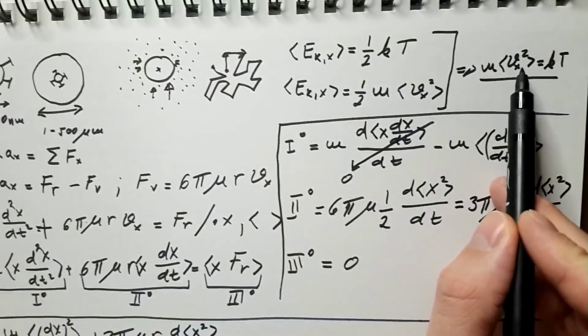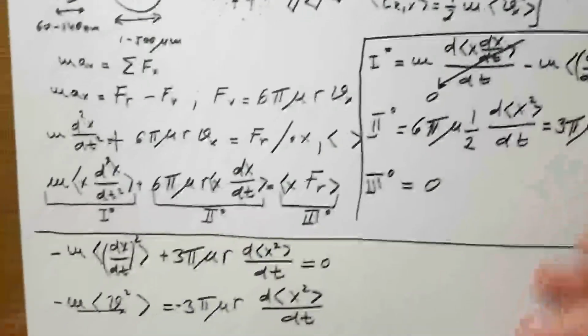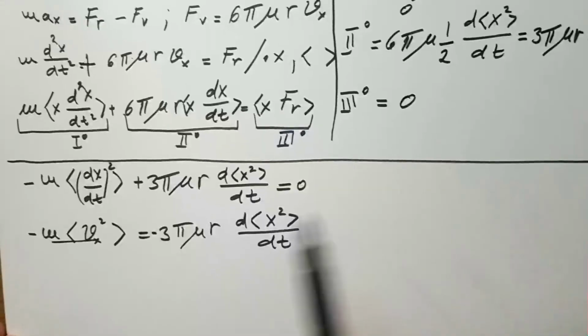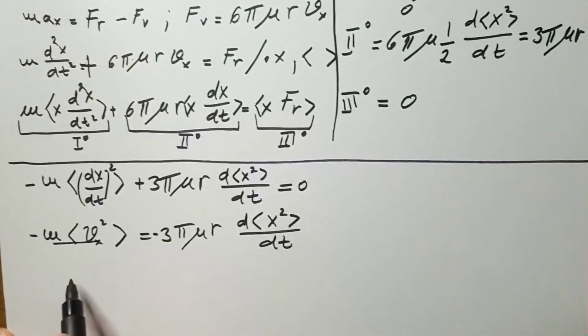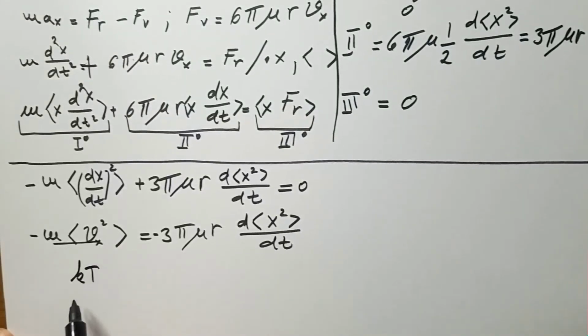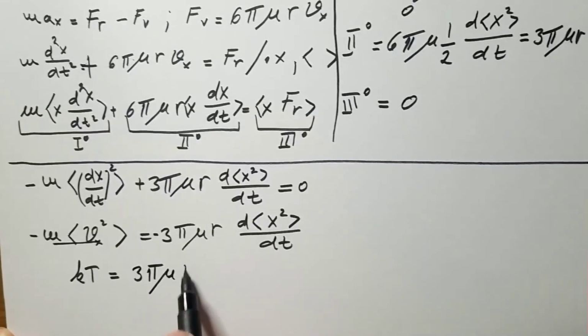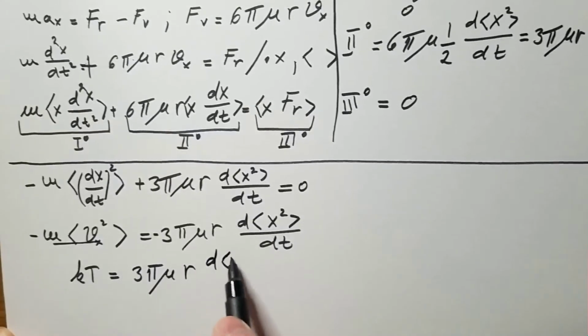m Vx squared mean is kT. So I will use that fact and substitute here kT is equal to, so minus and minus gives plus, 3 pi mu r dx squared over dt.